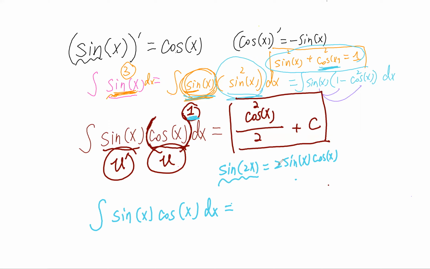In order to use this formula, I need a 2 in front. So I make it 1/2 times 2 sine x cosine x. Now I'm prepared to use the formula. Now the problem changes to be 1/2 sine 2x.